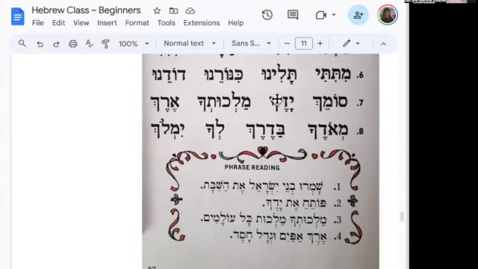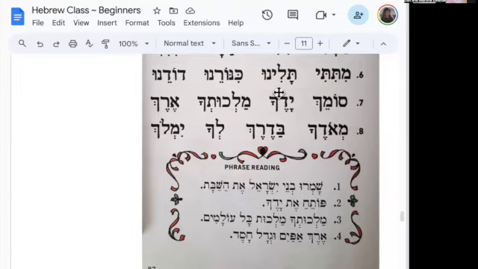Mititi. Talinu. Does it come from the word talit? Talinu is not from the word talit because it would be talitu. Talinu actually means we hung.